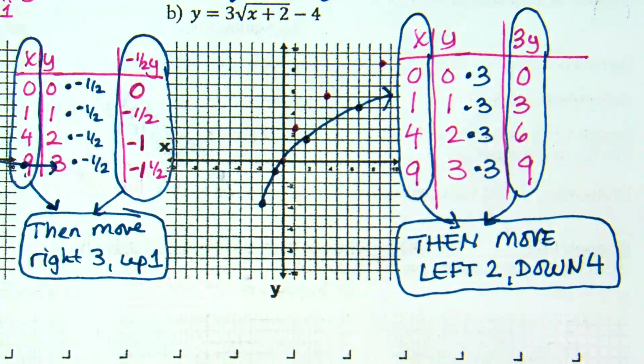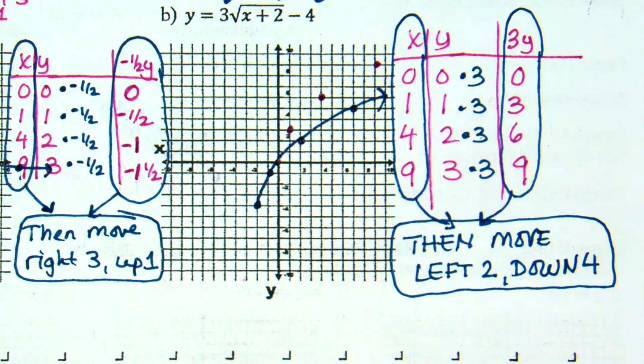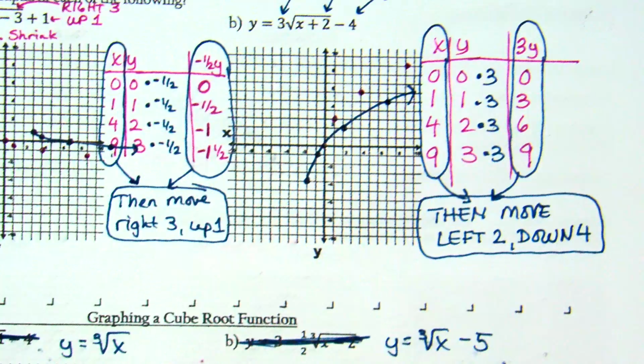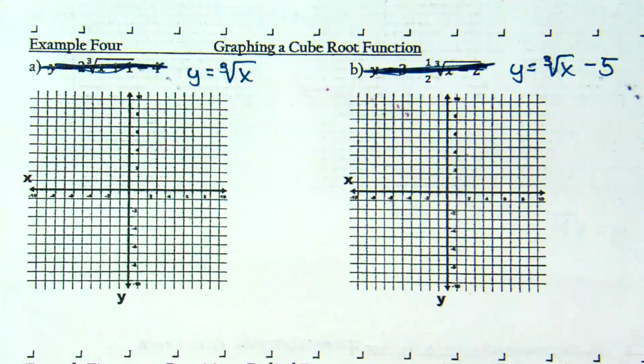Okay, so if you look at example 4, first of all, it does say graphing a cube root function. Yeah. So we're going to graph cube roots instead of square roots. Now, I told you yesterday that I was going to change and give us simpler ones to work with.